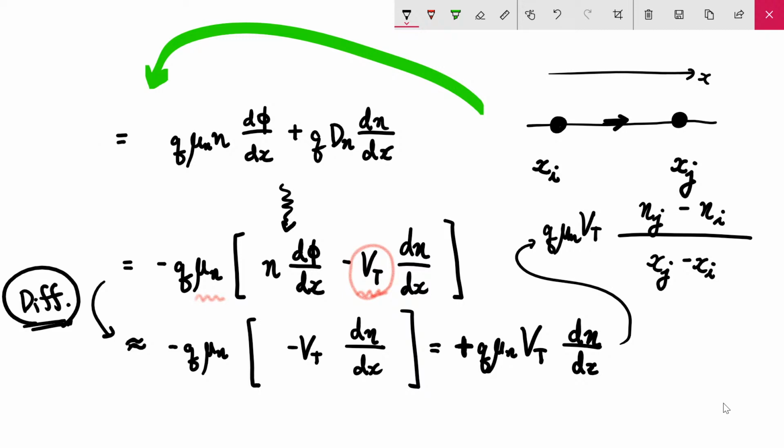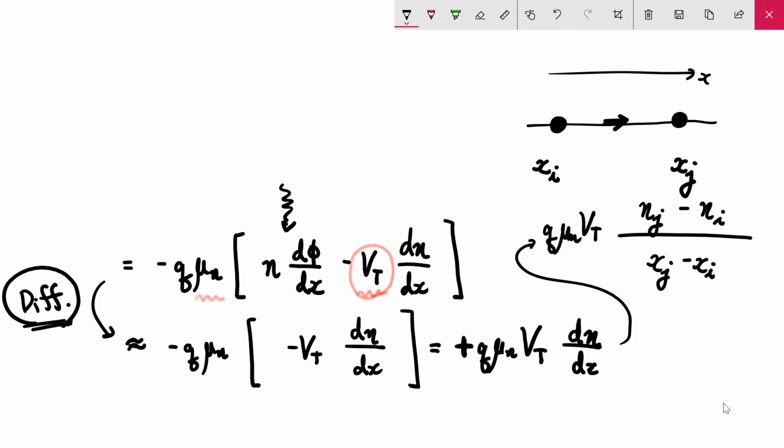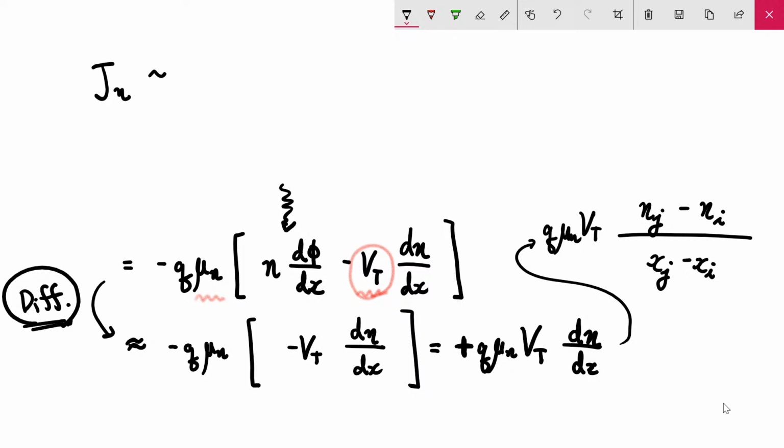So if we adopt this diffusion dominant form of our drift diffusion equation, things get really simplified, and we can write down Jn under the assumption of dominance of diffusion current.